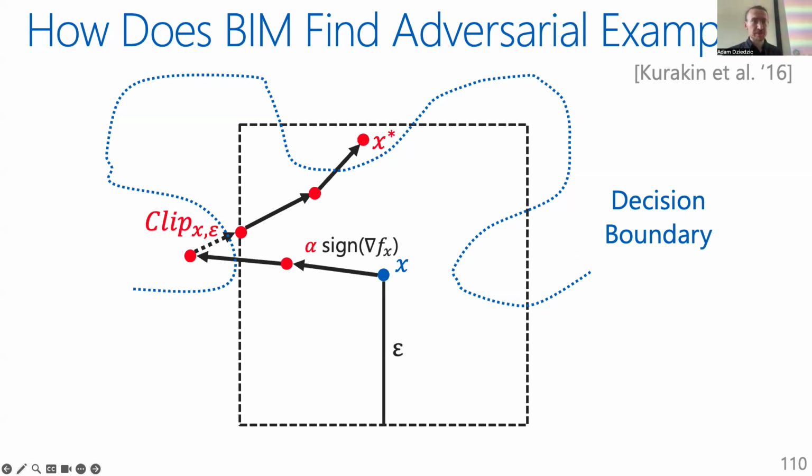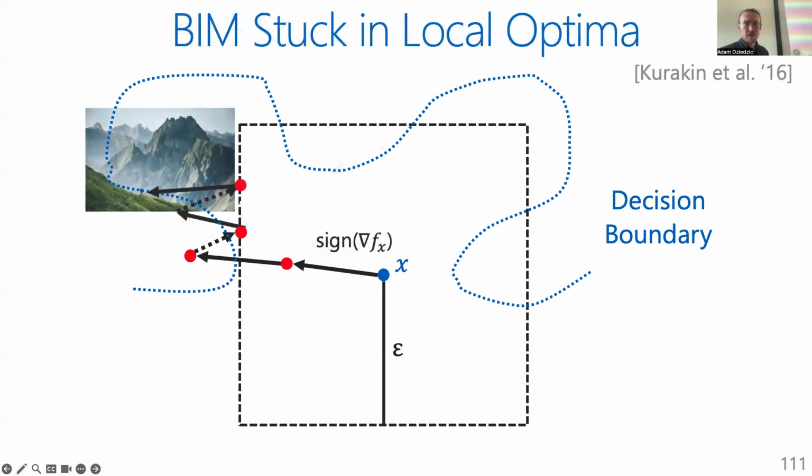However, what might happen is that this BIM method, the basic iterative method, might get stuck in a local optimum from which it cannot escape. What's happening here is that the optimization is trying, let's say, if it is a targeted attack, so we want a different class, the class beyond this boundary, then the optimization would tell us you should go this direction.